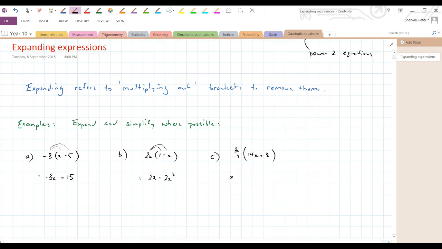Okay, 2/7 times 14. Well, 1/7 of 14 is 2, so 2/7 of 14 is 4, so that's 4x, and 3 times 2/7 is 6/7. So 4x plus 6/7 there.